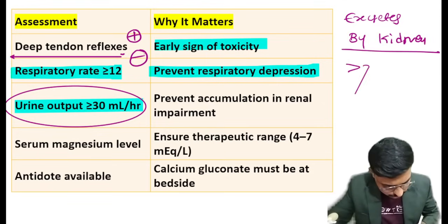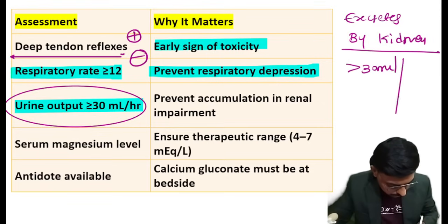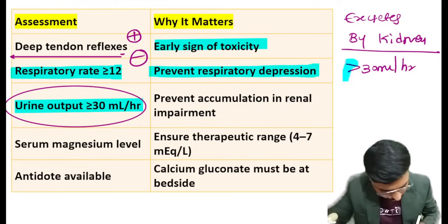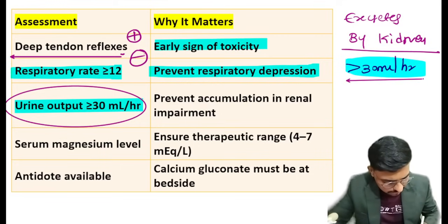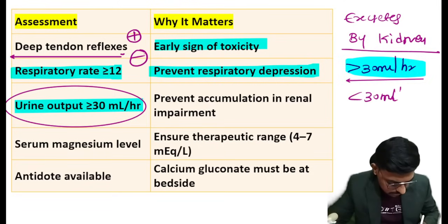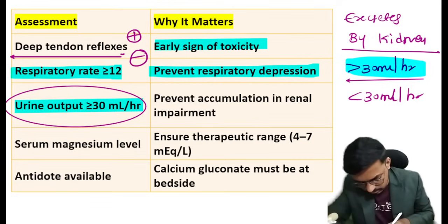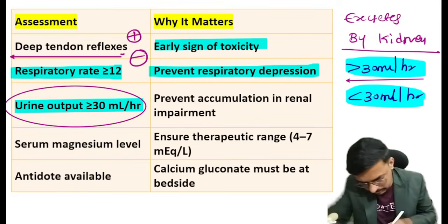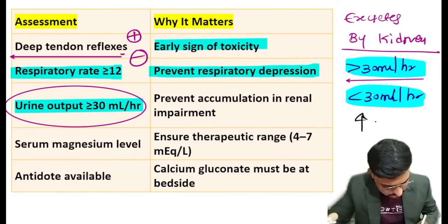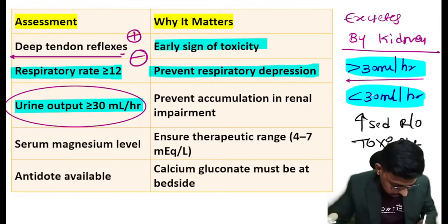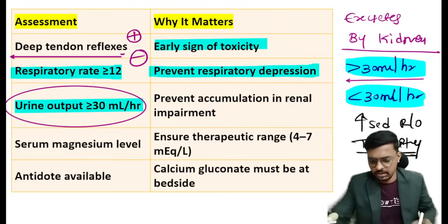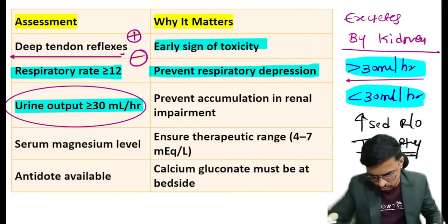If urine output is more than 30 ml per hour, it means good urine output, so whatever injection we administer will be eliminated normally. If it is less than 30 ml per hour, the MgSO4 will not be eliminated from the body, and there is an increased risk of toxicity. This is the reason we need to monitor the urine output before giving the MgSO4.